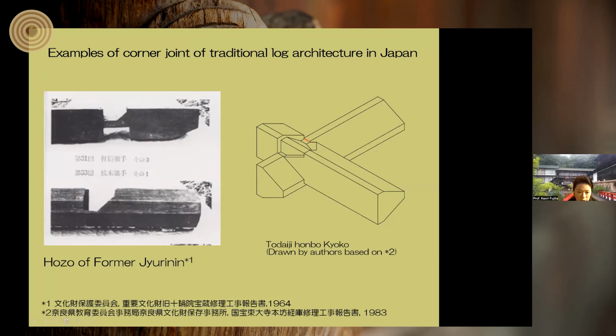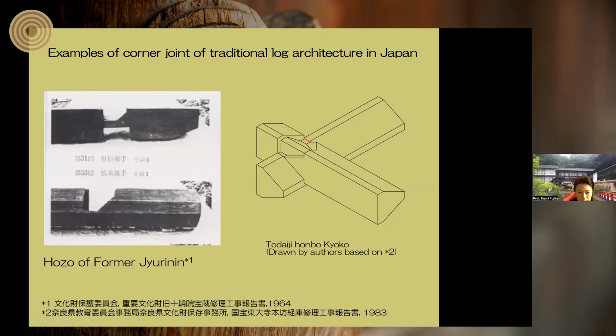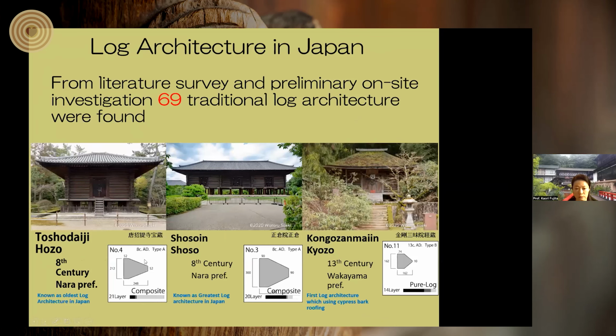The triangular shape is nice from an aesthetic point of view with the horizontal shades, but it has very complex restrictions, especially at the joints. So it is very puzzling why this kind of joint and this kind of triangular shape was used, and there is no evident answer to this question yet.